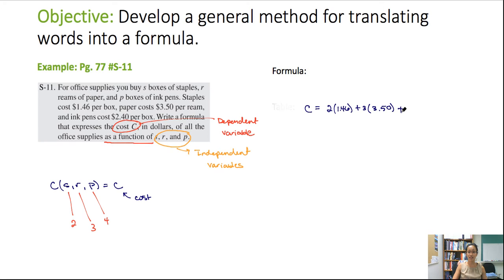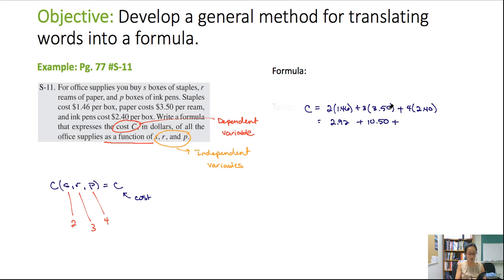And then in addition to that, I'm also buying boxes of pens, which cost $2.40 a box, and I'm buying 4 of them, so that's 4 times $2.40. Now we just need to work this out. So we get, let me take out my calculator here, $1.46 times 2, which is $2.92. 3 times 3.50 gives me $10.50.